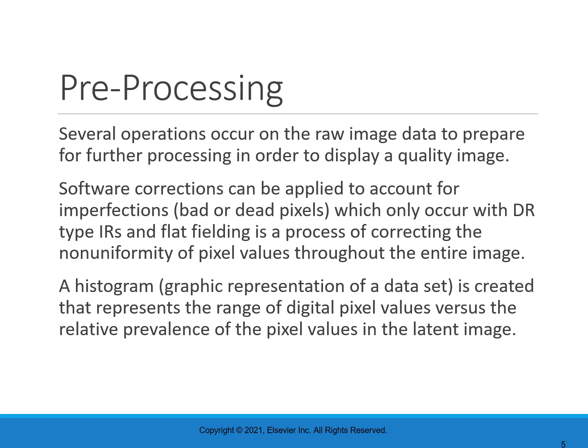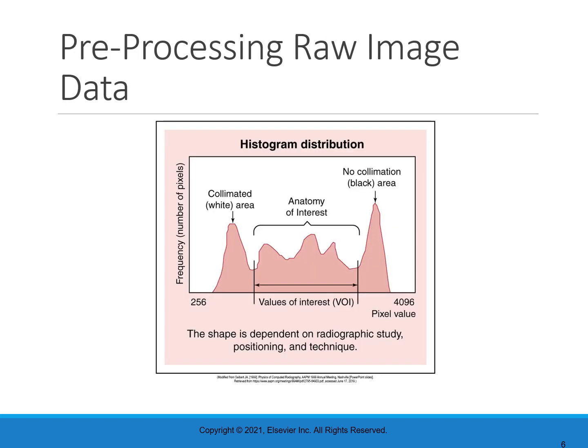The other thing in pre-processing, like we talked about, is the histogram process. So developing that histogram, we'll talk about it just a little bit more to help get our image to where we want it. So here's an image of a histogram. It doesn't specify which radiographic study this is, but we can tell that there's a white collimated area.